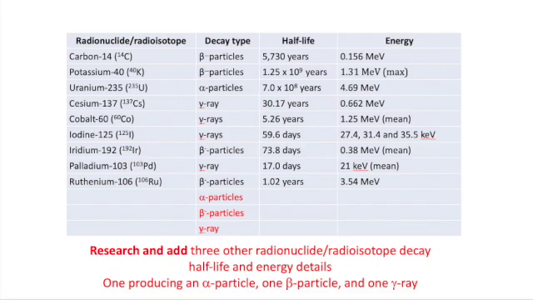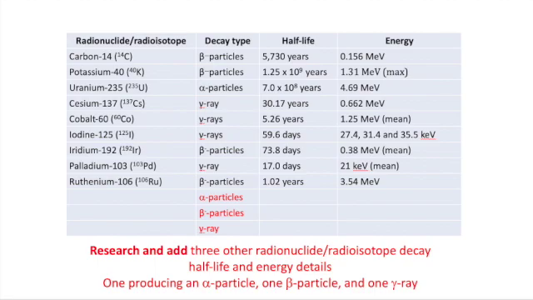And going on to an activity to look at some other elements, a whole variety. Some half-lives are seconds and minutes, others are multiple years, and you can look at the ones here. And what you need to do is to research and add 3 different radionuclides and the decay, half-life and energy details, one producing an alpha particle, one producing a beta particle, and one producing a gamma ray.